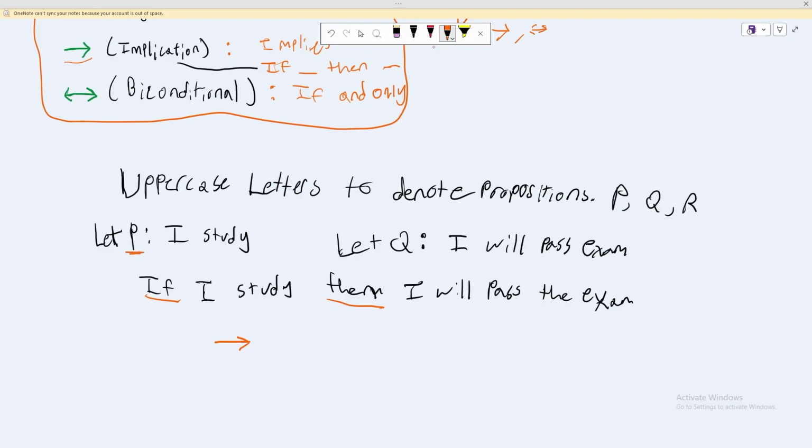P was I study, so the if statement goes on the left side. So if I study will be P here, and then I will pass the exam, and we'll put Q here because that will be the exam. And this would be your expression.